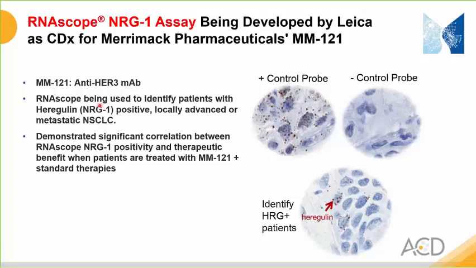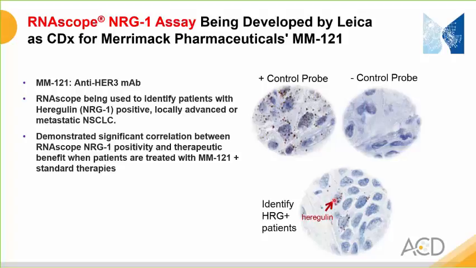monoclonal antibody. In patients that have expression of heregulin, as shown in the bottom microscopic panel, you can see these punctate dots through the RNAs that are identified with the RNAscope assays, suggesting or documenting expression of the heregulin RNA molecules.